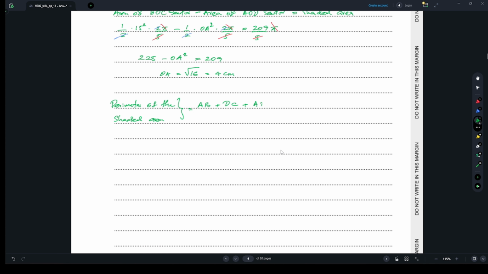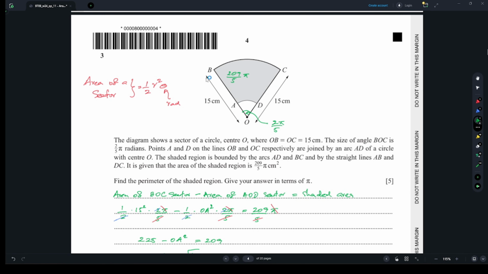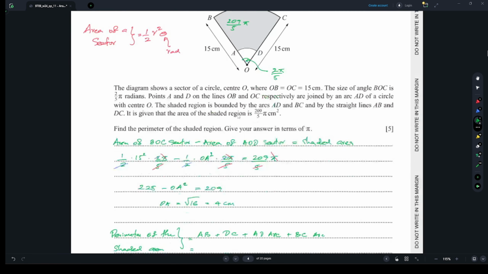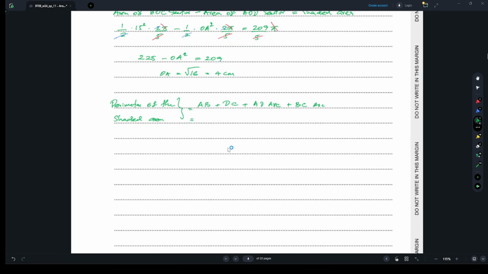So the AB distance is okay. OB is 15 and OA we found is 4, so it is 15 minus 4. And it is the same for DC, so 15 minus 4 plus.